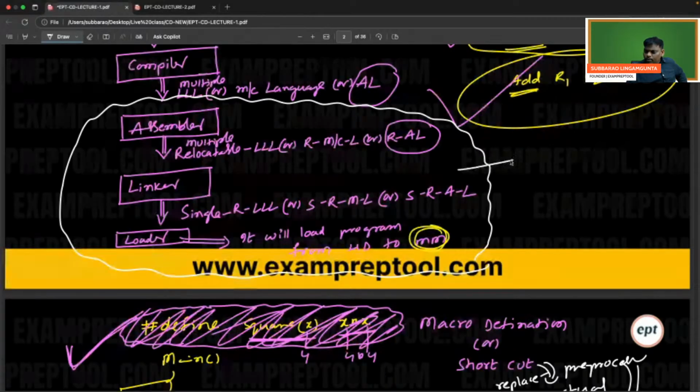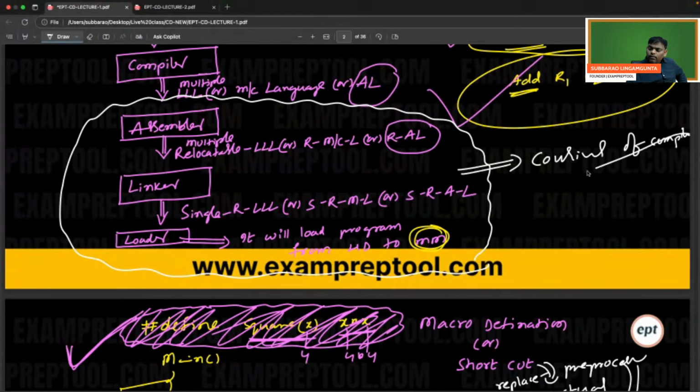These 3 are normally called the cousins of the compiler. No one will ask you, but it is better to write it. These 3 are known as cousins of the compiler.